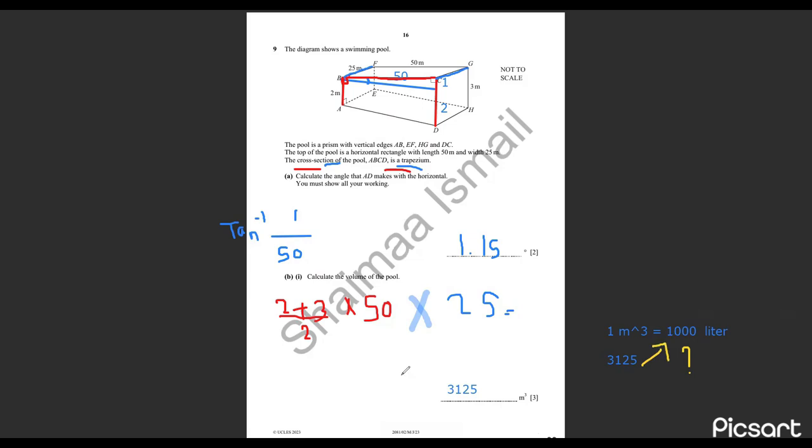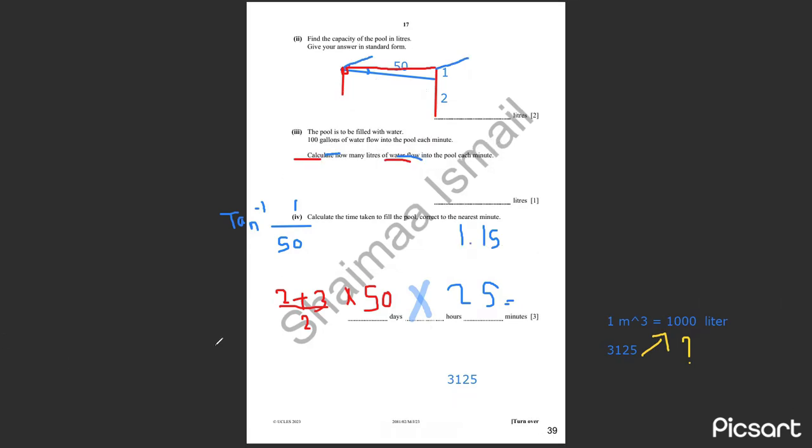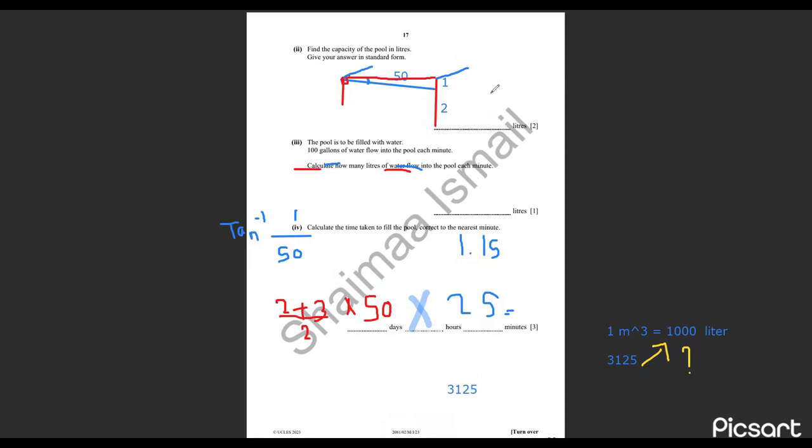So we multiply this by 1,000, so it will be equal to 3,125, and beside it 3 zeros. And he needs it in standard form, so we have to move it how many places? So it will be multiplied by 1, 2, 3, 4, 5, 6. So here it will be 3.125, 3.125.